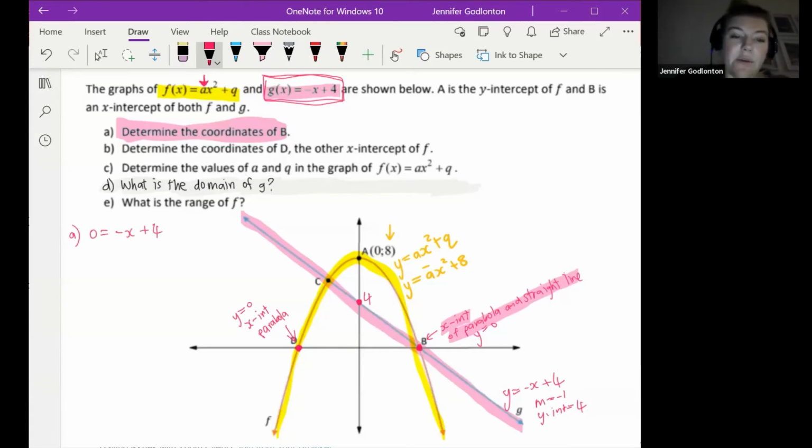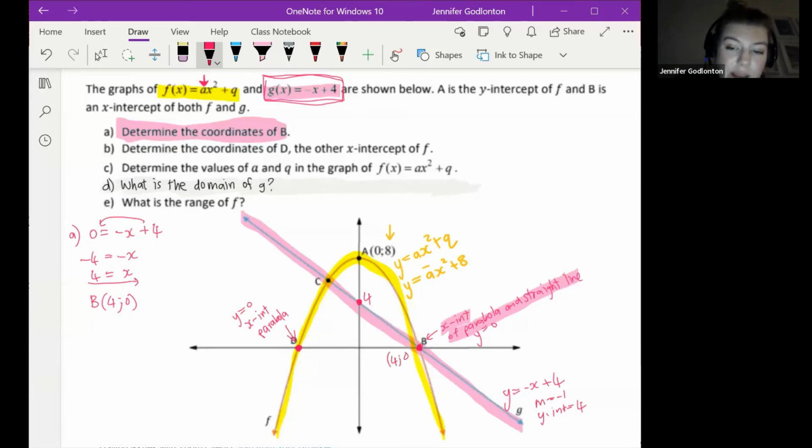I'm then going to move my 4 over. I'm going to get negative 4 is equal to negative x, which means x is equal to 4. So that's telling me that the coordinates of B are 4 and 0. That is what B is.